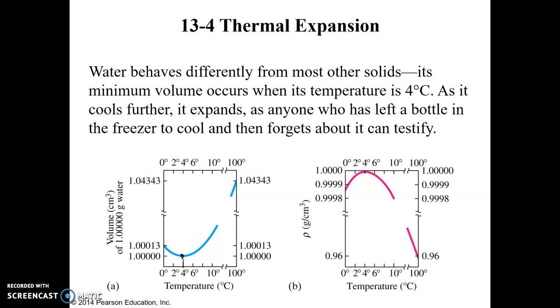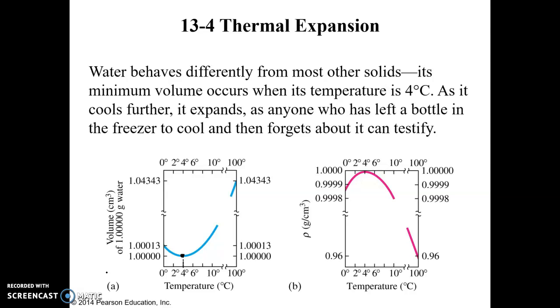So that is slightly above freezing. And then once it begins to freeze, the volume of the water actually begins to expand. And that has to do with the way the molecules are arranged.